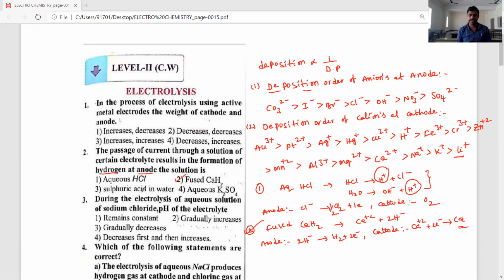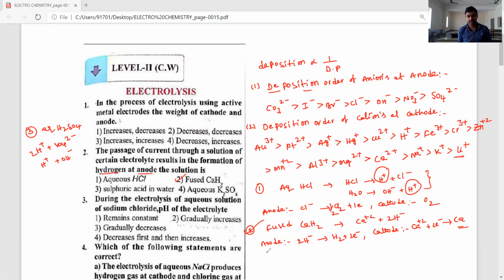What about sulfuric acid in water? Let's see the third option, aqueous H2SO4. Aqueous H2SO4 is present means it contains 2H+ ions plus sulfate ion, and water can ionize to give H+ plus OH- ions.